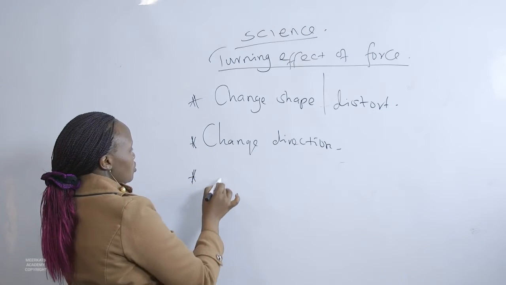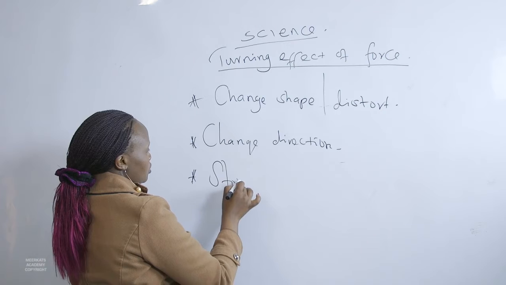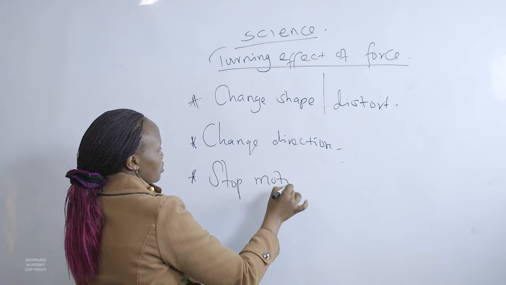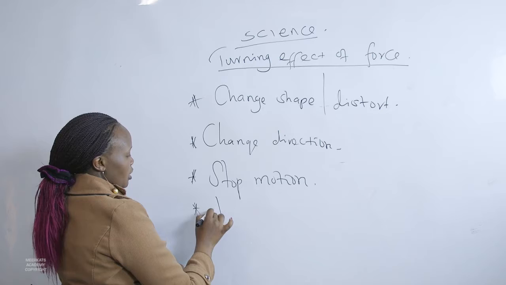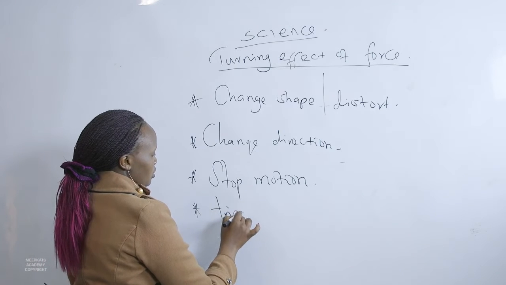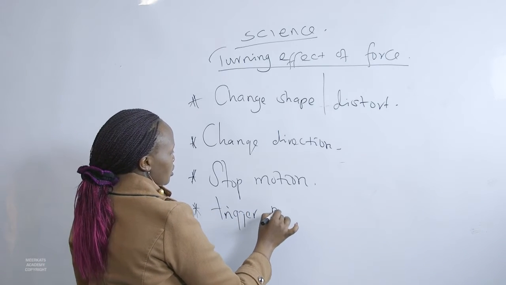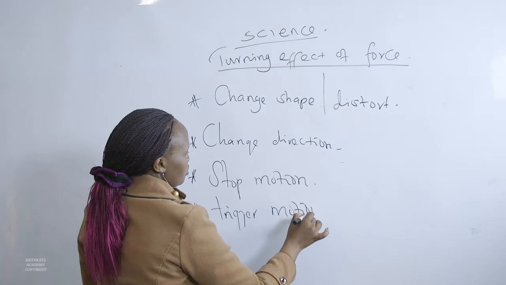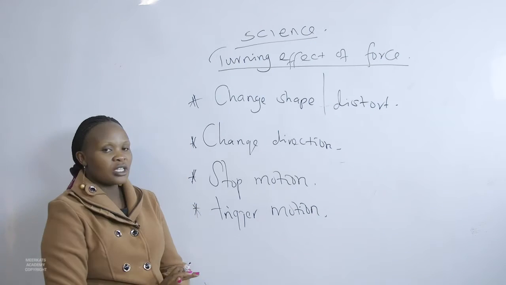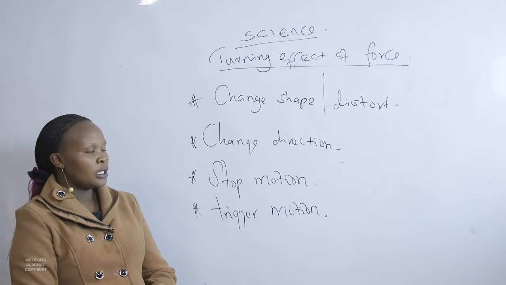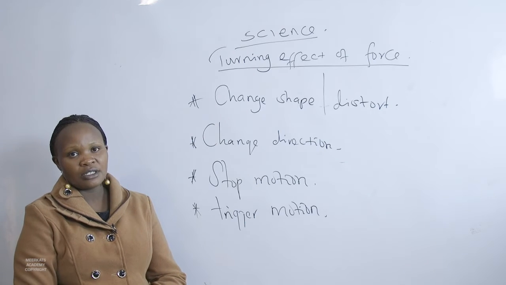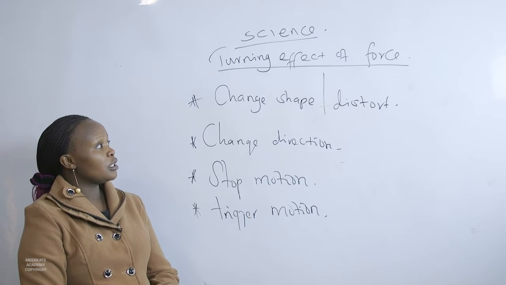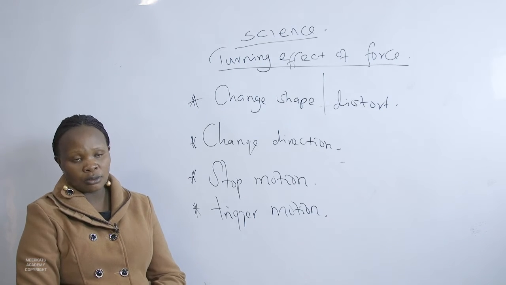Force can also stop motion, and force can as well trigger motion. Force can trigger motion, it can stop the same, can change direction, or even the shape of an object.